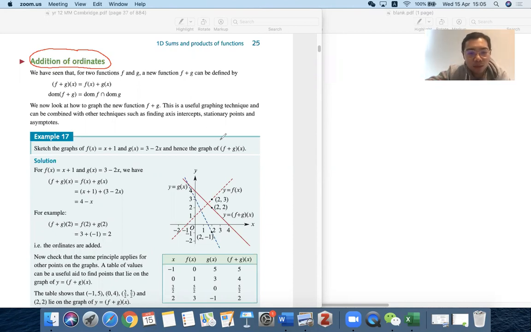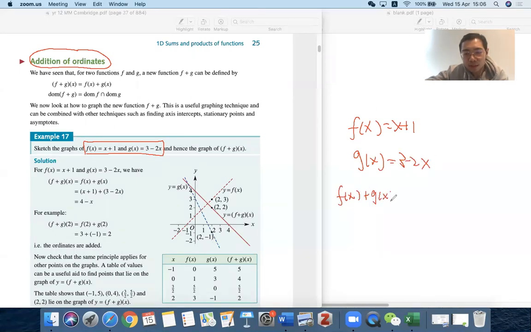What I mean is, for instance, let's look at this example: f(x) equals x plus 1 and g(x) equals 3 minus 2x. If I do f(x) plus g(x), make it h(x), and I want to know h(1), the value of h at 1.